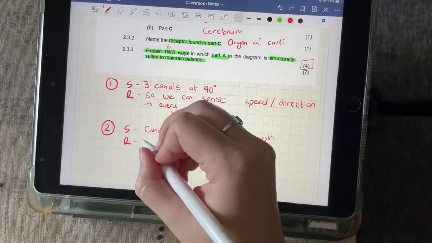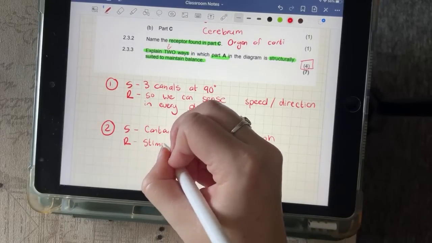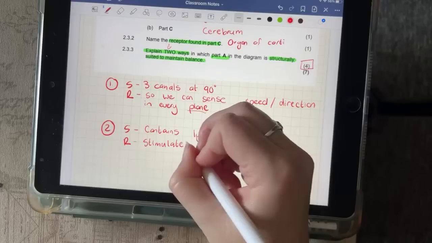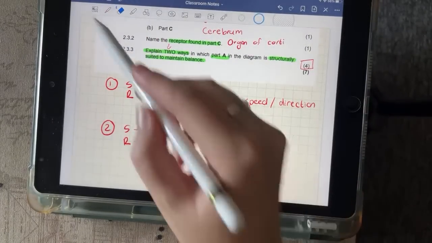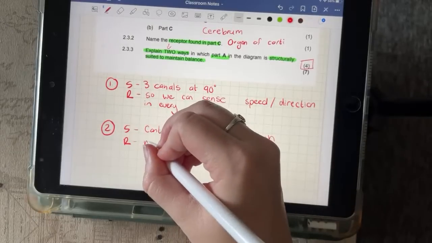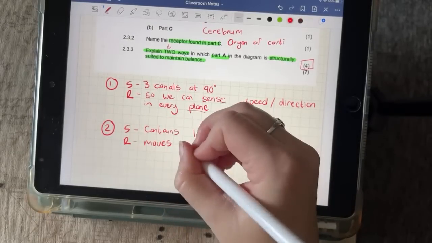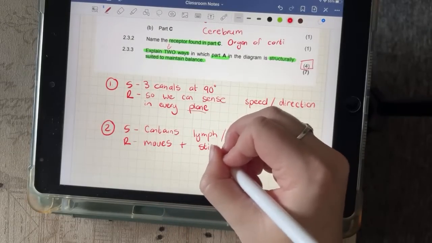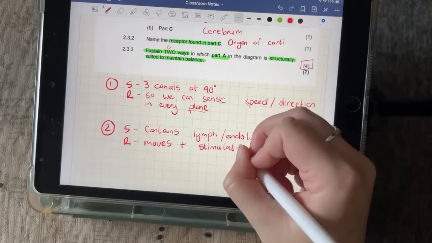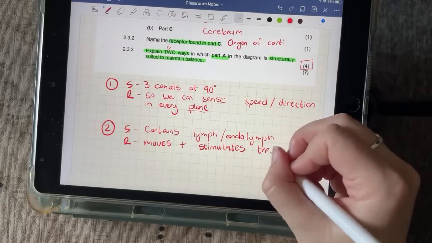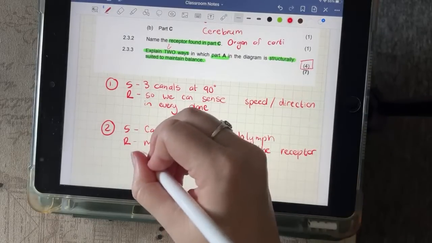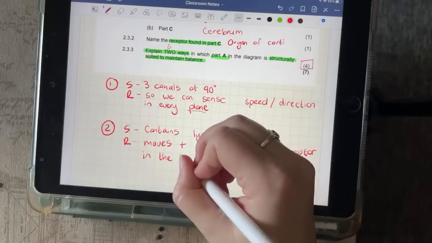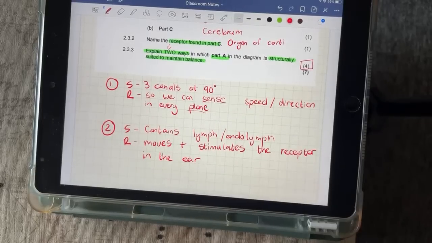Well, the endolymph stimulates, actually, no, let's not write stimulates. Let's first of all say it moves and stimulates the receptor in the ear. Okay, and that's how you get 2 out of 2.